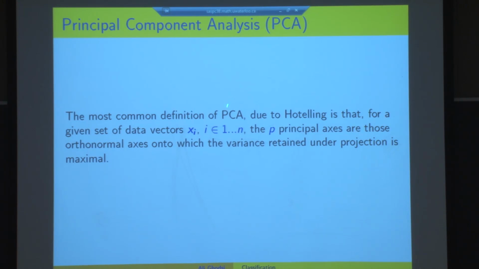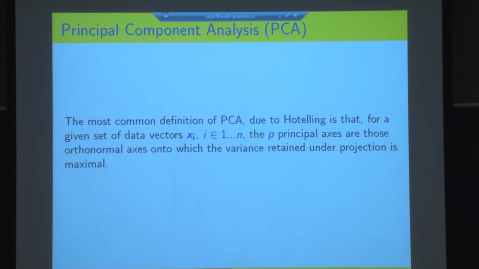And here is the most common definition of PCA. And PCA, by the way, is more than 100 years old. It's quite an old technique. Interestingly, more than 100 years ago, we knew how to find a subspace that captured the maximum variation.